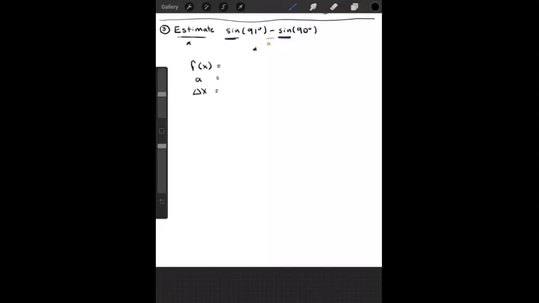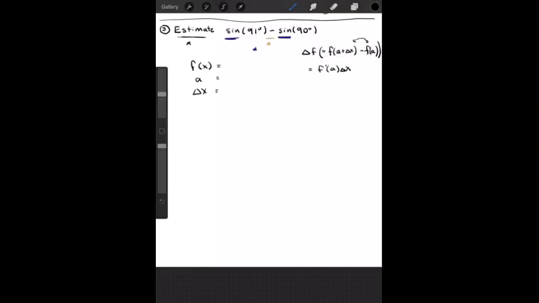Our formula is that delta f, which I'm going to remind us real quick is f of a plus delta x minus f of a, or vice versa. These are allowed to be swapped. Is equal to f prime of a times delta x.